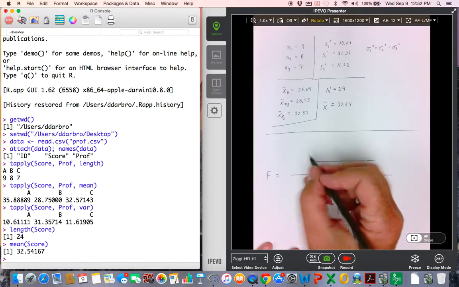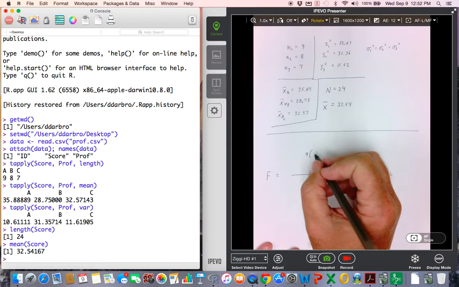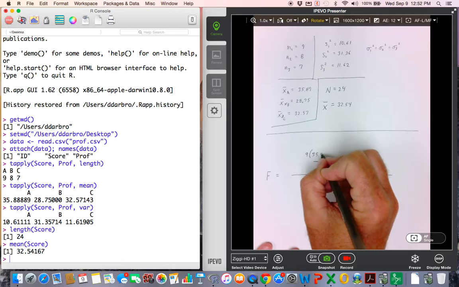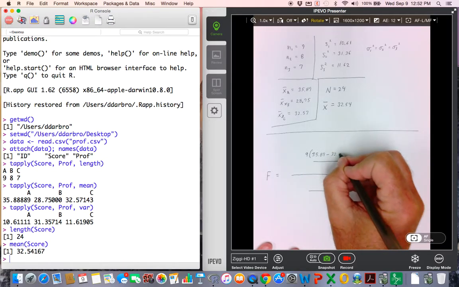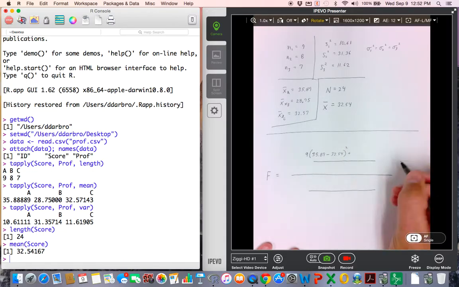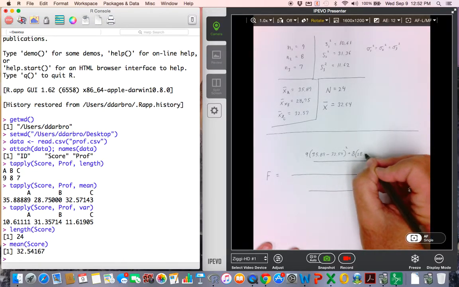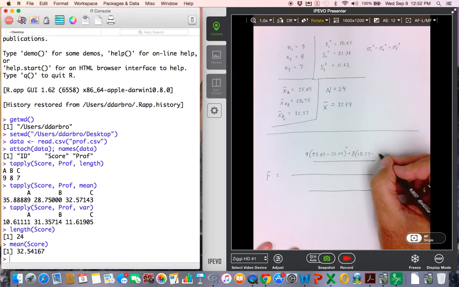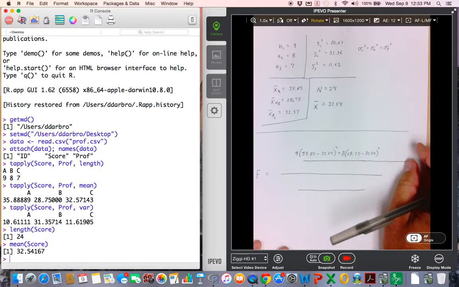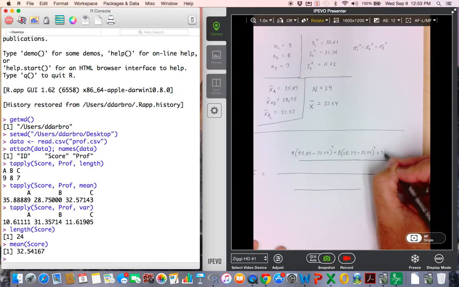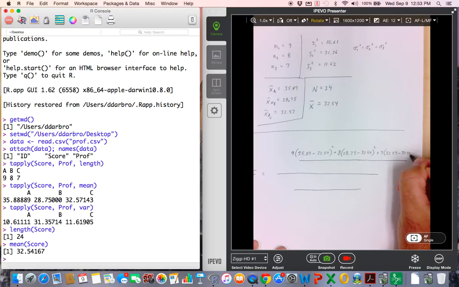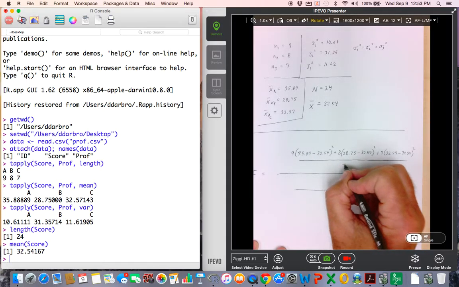First of all, on the top, we're going to have our sample size times the sample mean minus the grand mean squared, plus sample size times the sample mean minus the grand mean squared, and so on for each group. My degrees of freedom will be k minus 1. We have 3 groups, so degrees of freedom 2.